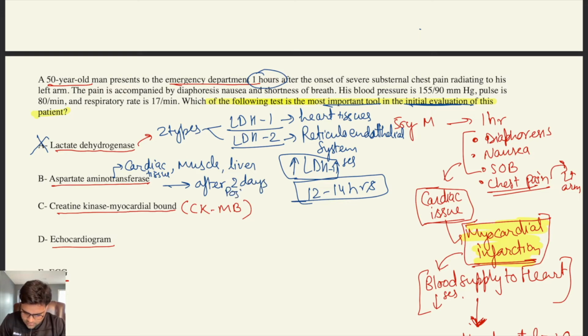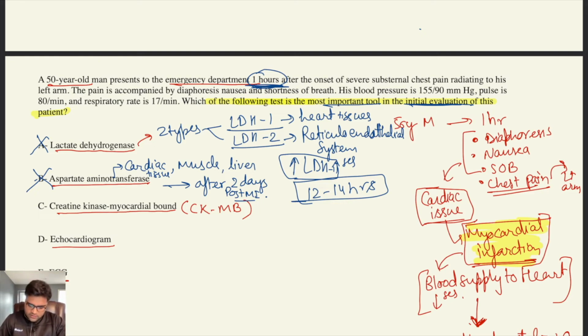So we'll be seeing this level increasing only after 2 days. So this is also not an option, because this person is coming at 1 hour. With a 1 hour duration, how can we initially see that the person has a myocardial infarction?